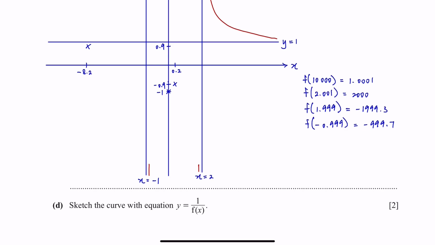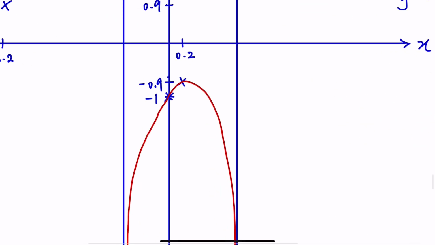So we can roughly draw the graph in this area, which should be around this shape. It passes by negative 1, and this should be the stationary point.